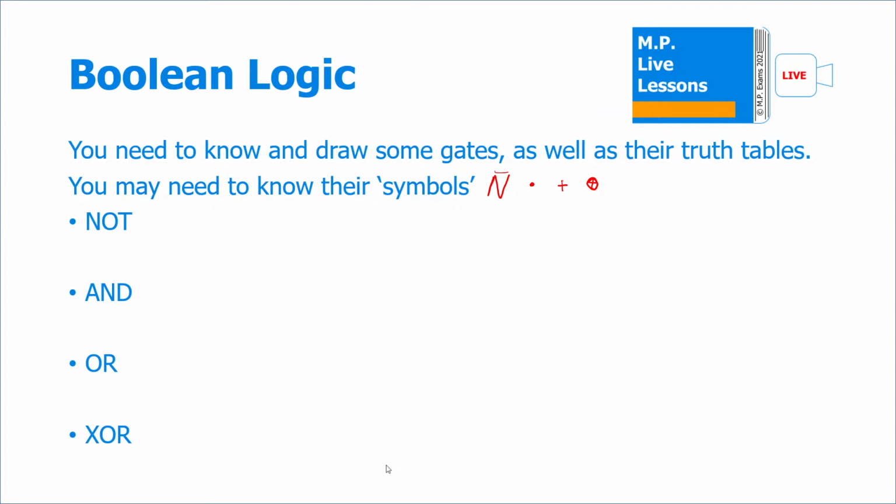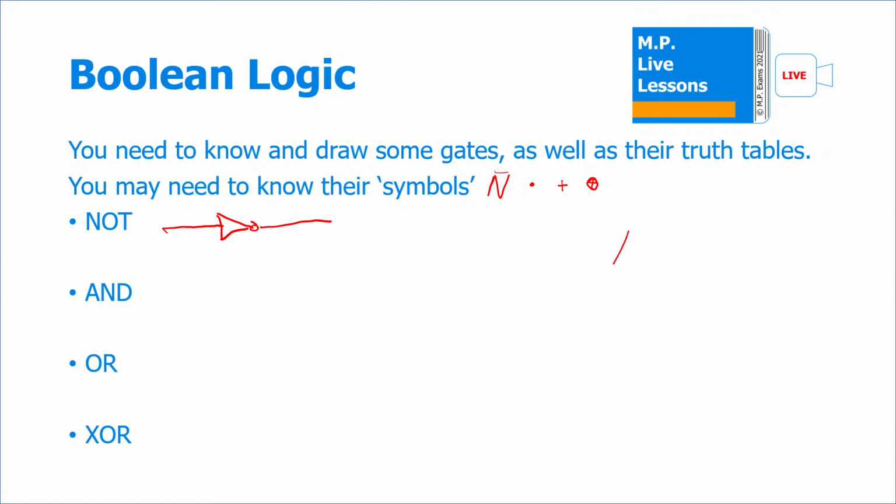Now, for example, the NOT gate is simply a triangle with a circle at the end.